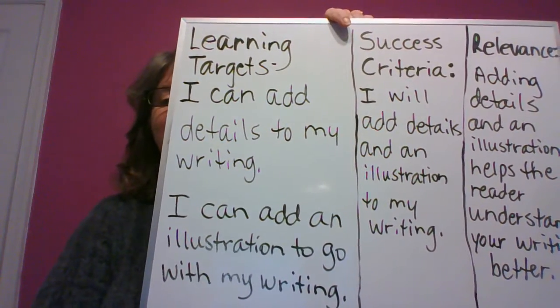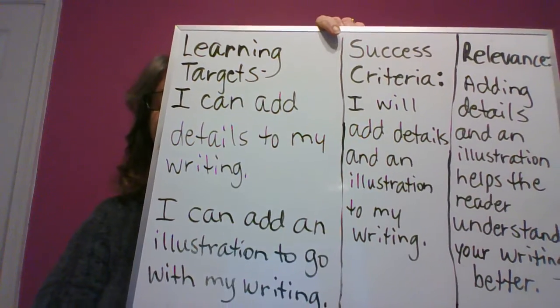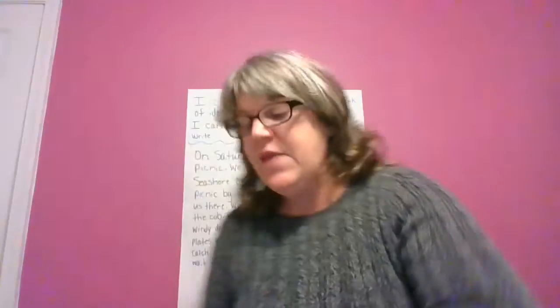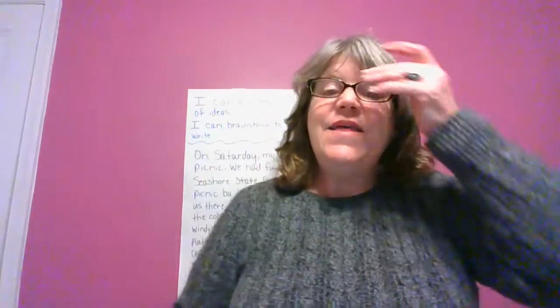And the relevance is that adding details and an illustration helps the reader understand your writing better. So we're going to focus today on adding anything that we need to add and adding an illustration to go with our words. Remember, your words and your pictures should match, okay?